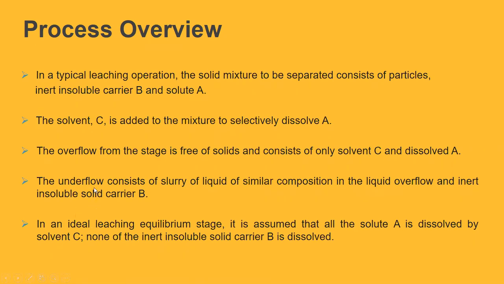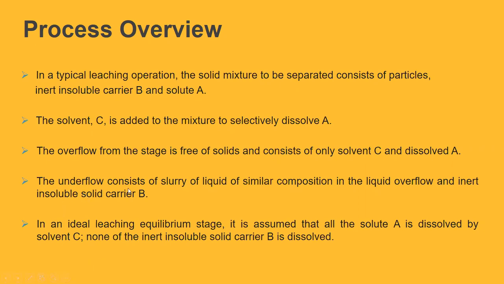It is the byproduct because the main product actually is the overflow, because this is where you have your solute A. In the same way with liquid-liquid extraction, your main product is the extract and your byproduct is the raffinate.